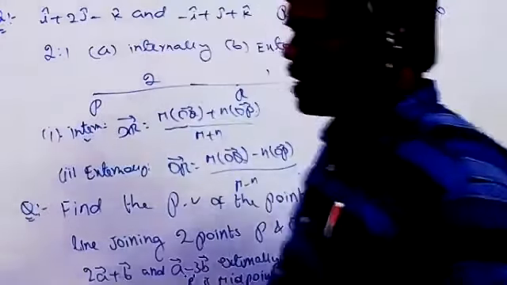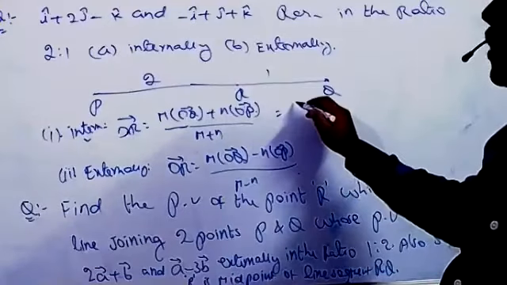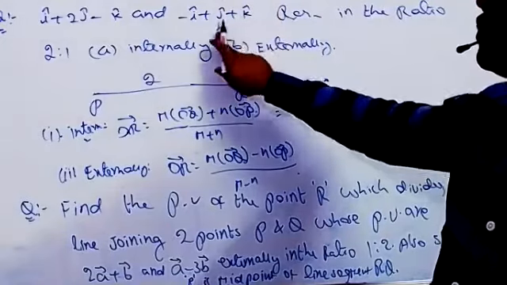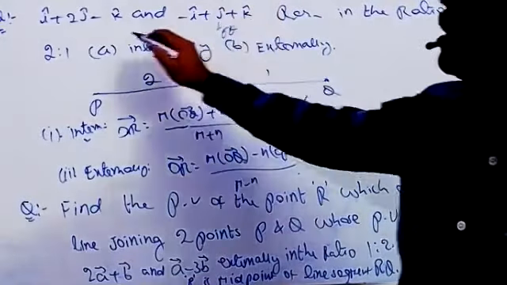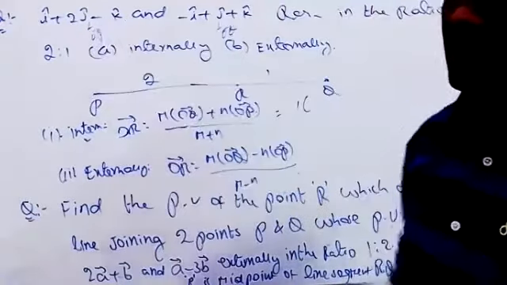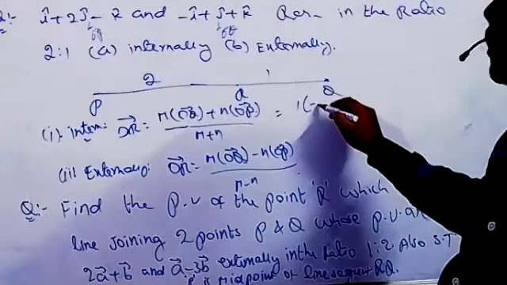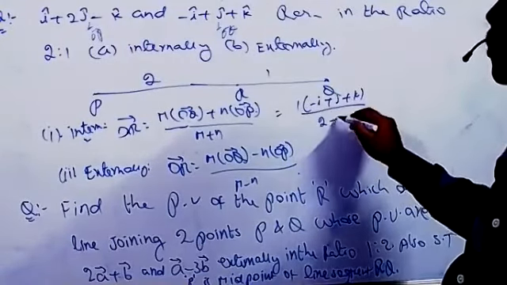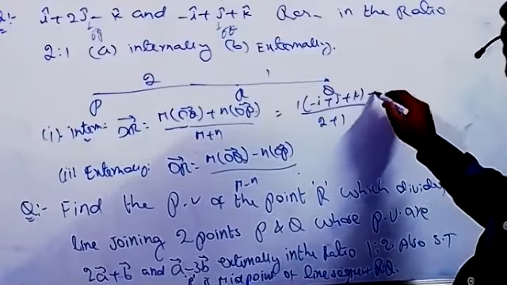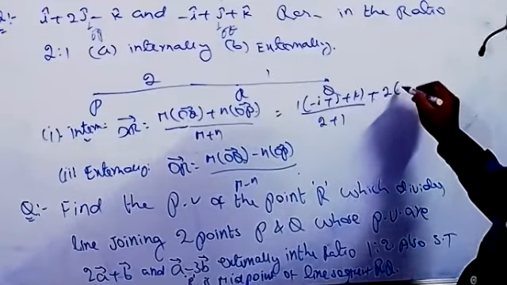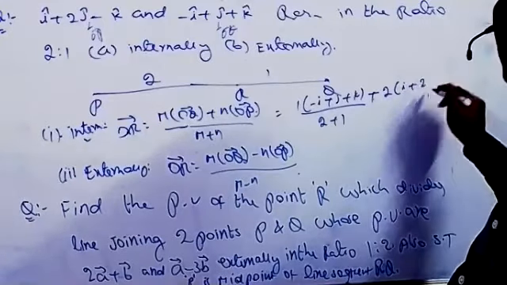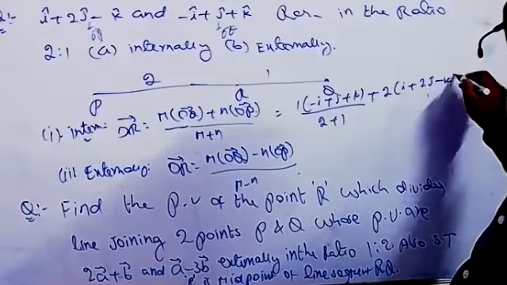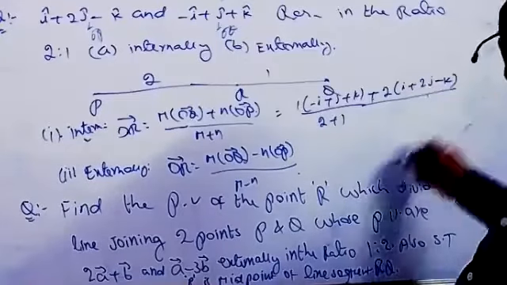The previous question, what is the answer we are getting now? Here, m equal to 1 into OQ. Clearly, this is the OQ and this is the OP. So 1 into (minus i plus j plus k) whole by 2 plus 1, plus 2 into (i plus 2j minus k), whole by 2 plus 1.